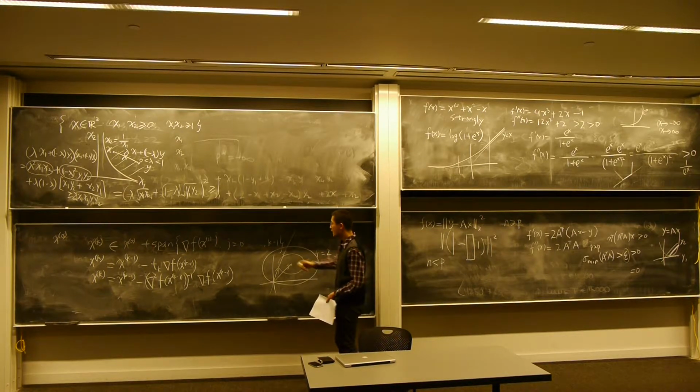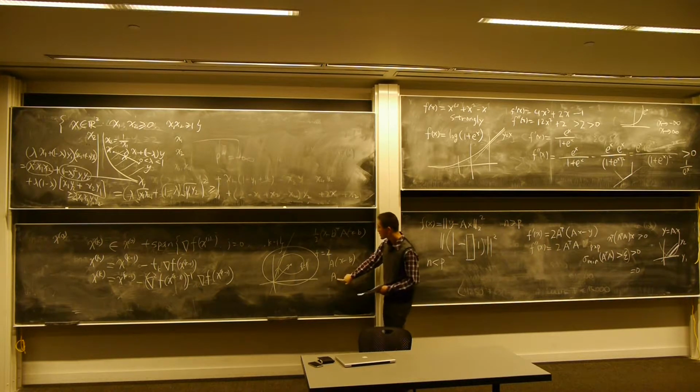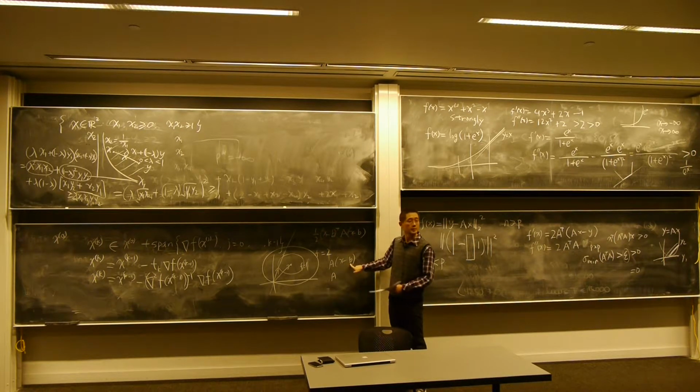Because quadratic programming looks like a half times (x minus b) transpose A (x minus b). The gradient is A times (x minus b), and the Hessian is A. So the inverse of Hessian times gradient gives you x minus b.